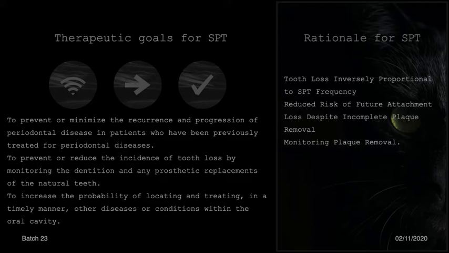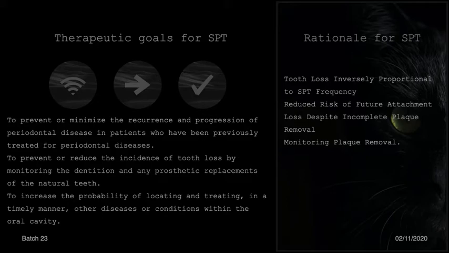The more frequently we review the patient and do periodontal maintenance therapy, the fewer teeth we are going to lose over a period of time. So it is to reduce the risk of future attachment loss despite plaque control.